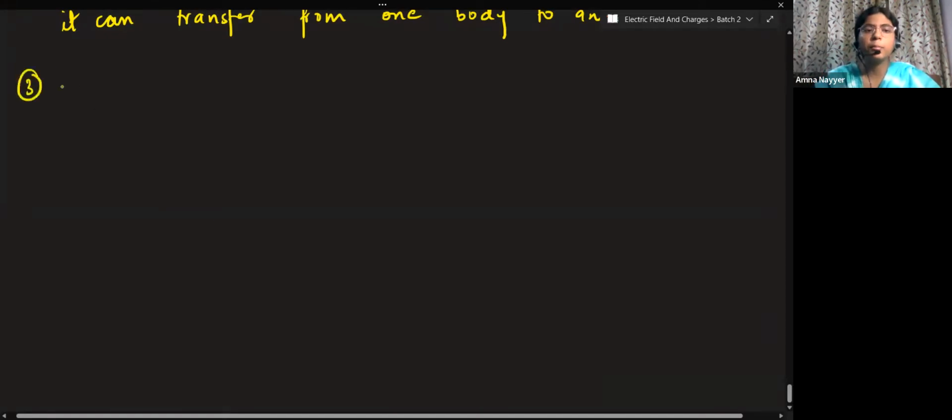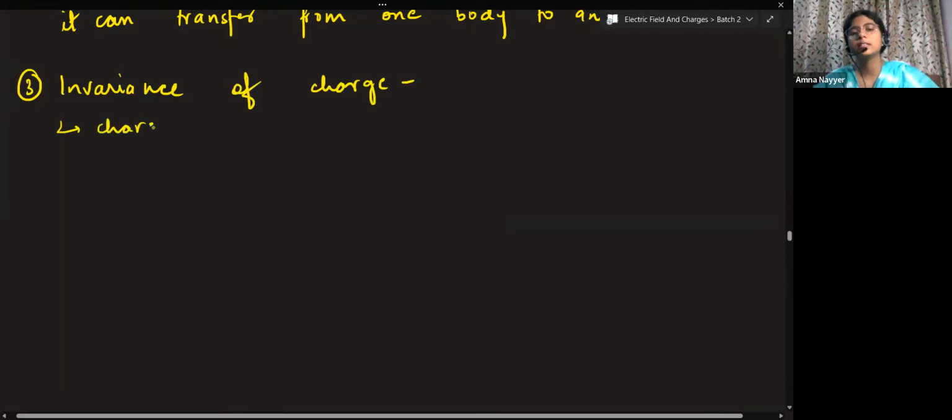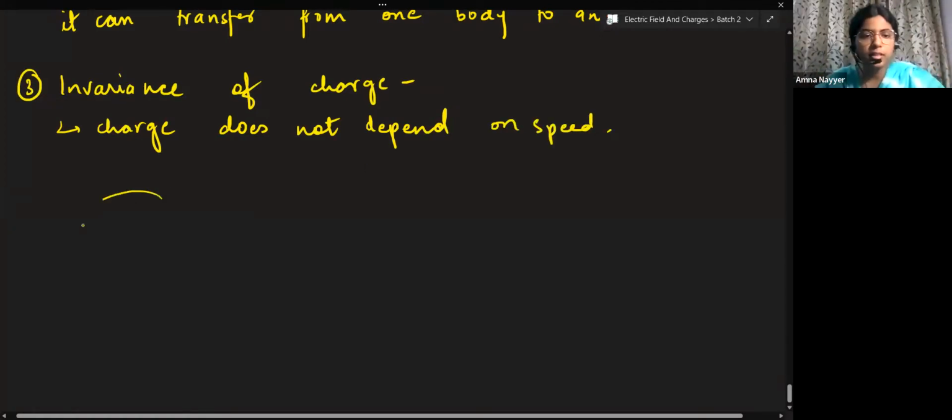The third property is invariance of charge. Invariance of charge simply means that charge does not depend on speed. If I say there's a body with 4 coulombs moving with, let's say, 3 meters per second.